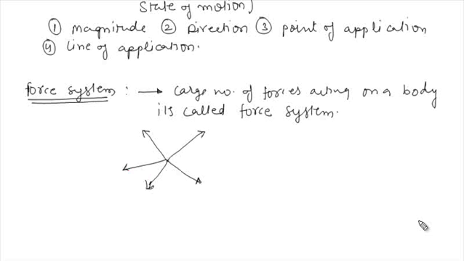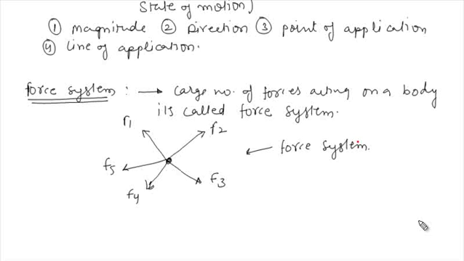Let's take an example. Suppose on a body we have the forces F1, F2, F3, F4 and F5. All these forces are acting on a body. So we can say that this figure is a force system.